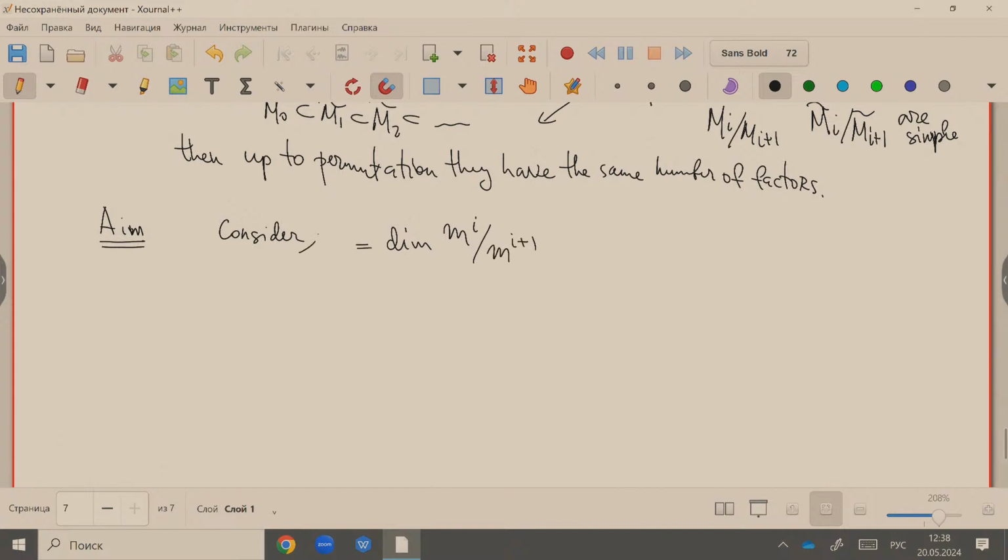This is a function h of i. And prove that for large n, this h of n is a polynomial in n.